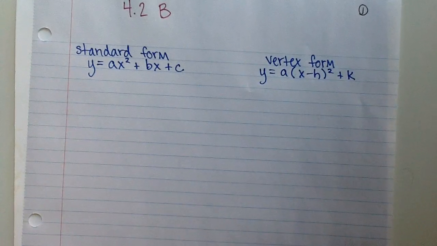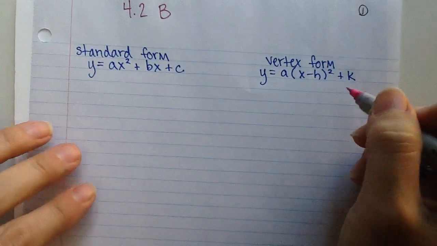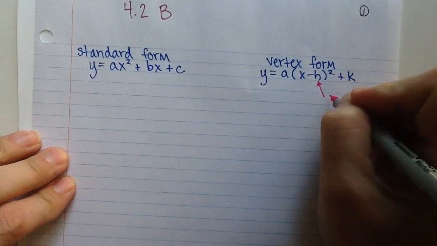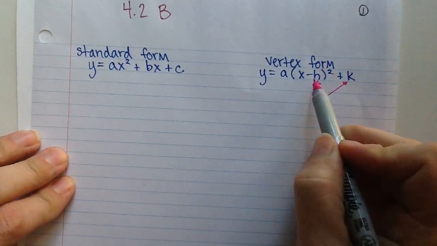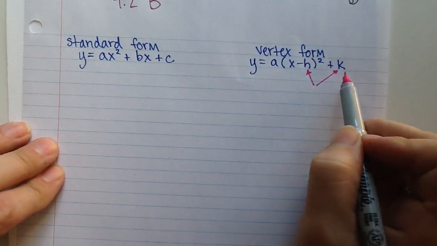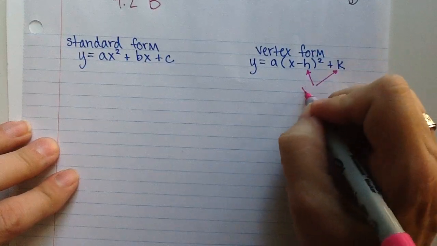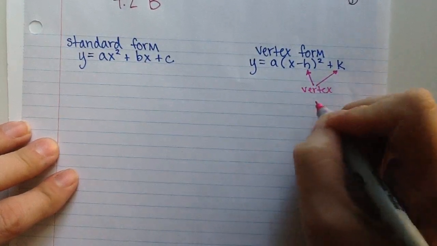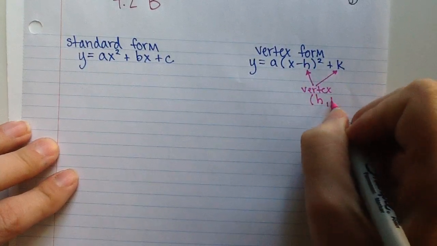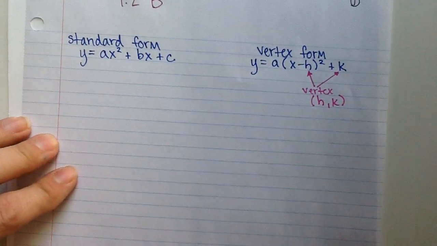Now the handy thing about vertex form is that we can tell some pretty good information right off the bat. We know that from the h and the k, the h tells us whether we shifted left or right, the k tells us whether we shifted up or down. And this is called vertex form because we can find the vertex by using those shifts and immediately know where it's at.